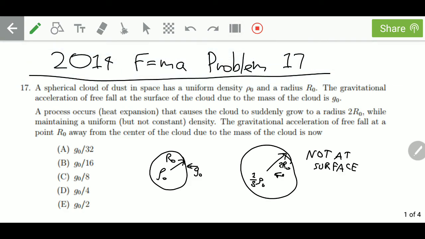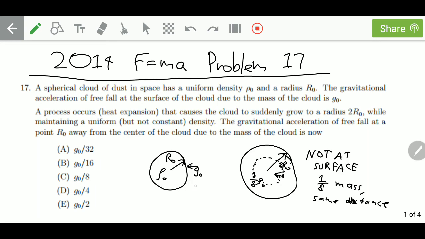Now, going back to our original problem, what we can see is that this is basically a uniform solid ball, and if you're at a radius of r naught, really only the mass that is inside contributes. And how much mass is inside? That's just 1/8 of the total mass. So you have 1/8 of the mass, but you have the same distance, because you're still r naught away from the center. And thus, remember that the gravitational acceleration is just the gravitational force divided by whatever your test mass is.